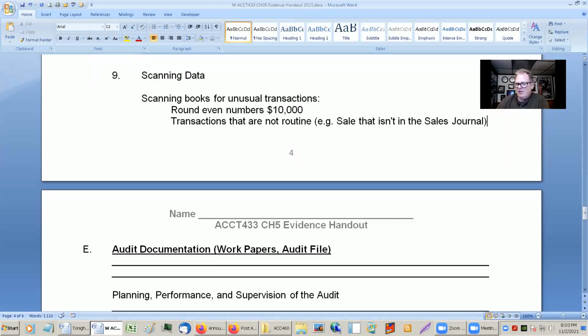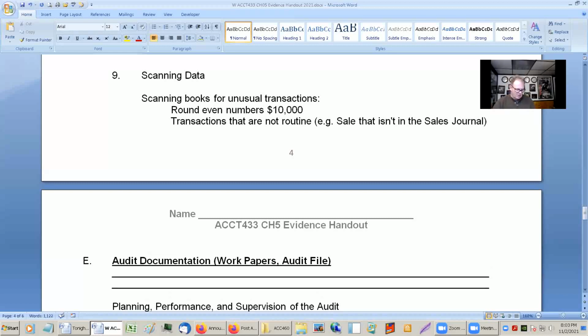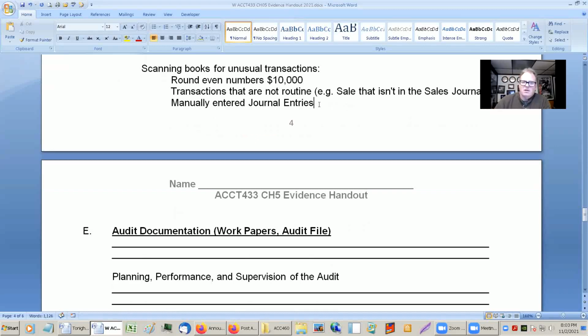And so much of accounting is, I don't say automated, but so much goes through these special journals that you're also going to look for manually entered journal entries, things that are manually entered, where you actually write out the journal entry.